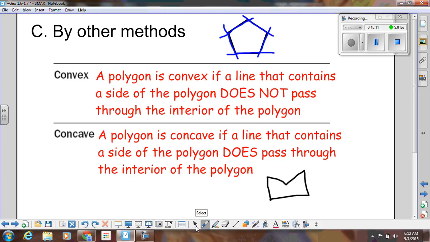Alright, so in this situation, if I were to extend that side, do you see how if I put a line through that side, that red line cuts through the middle or the interior of that polygon? So that's what makes it concave. So that's what we mean by those definitions. I like to think of it as, does it cave in on itself, or is it just bending outward at all edges?